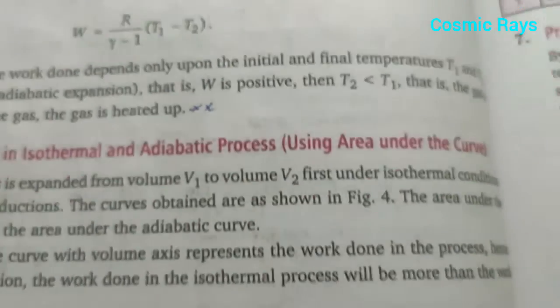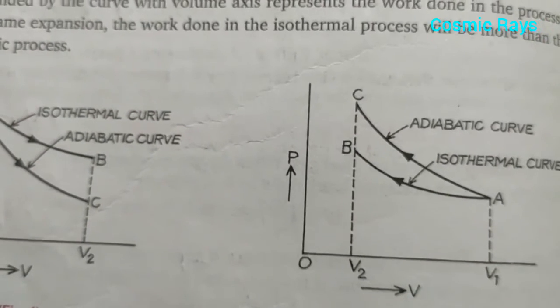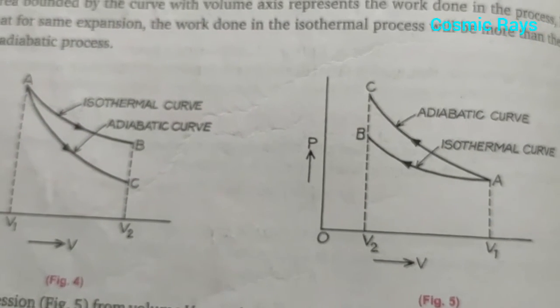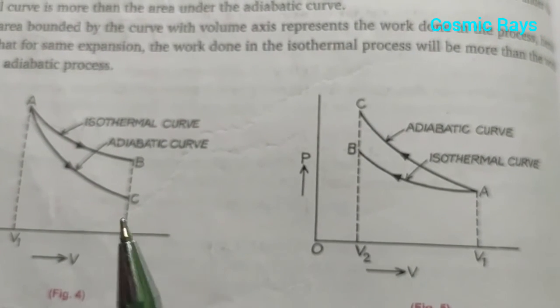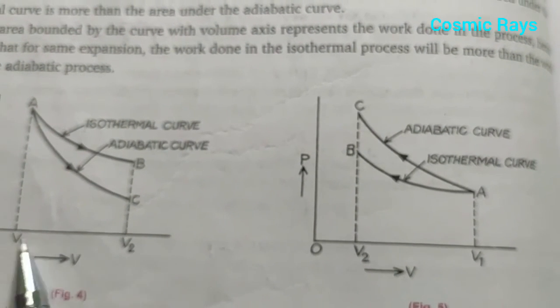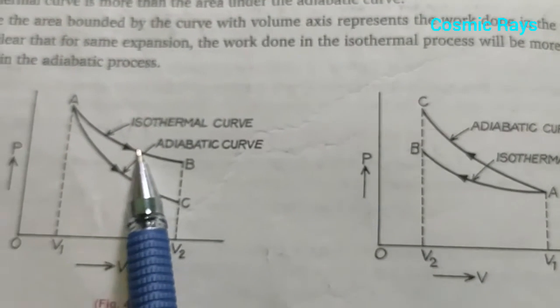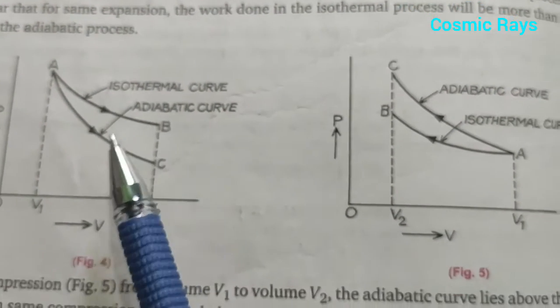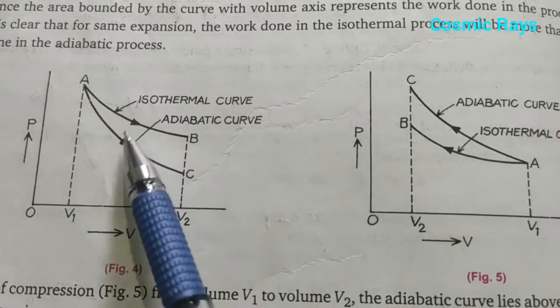Now to compare the work done in isothermal and adiabatic process using this graph. So here this is for the expansion, and this is the adiabatic curve, this is the isothermal curve. Now if we want to find out the work done, then we know that work done is given as the area under the graph.